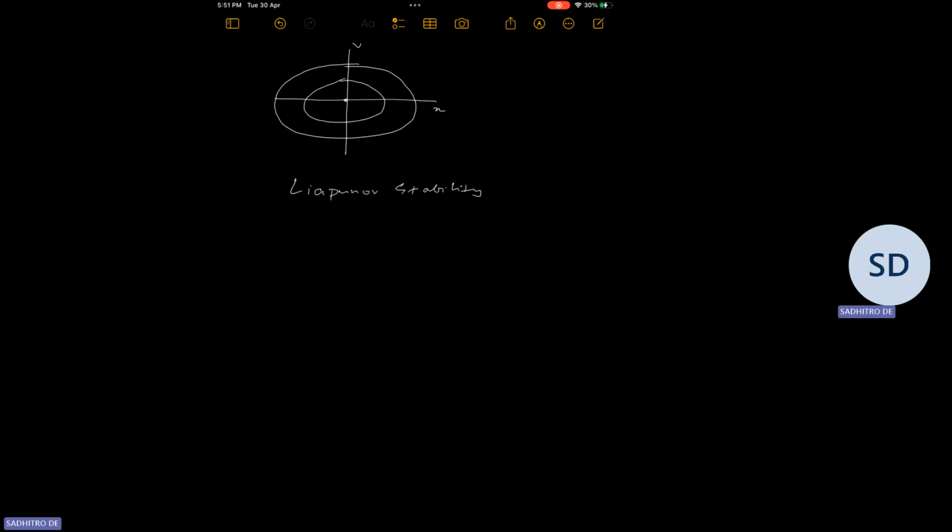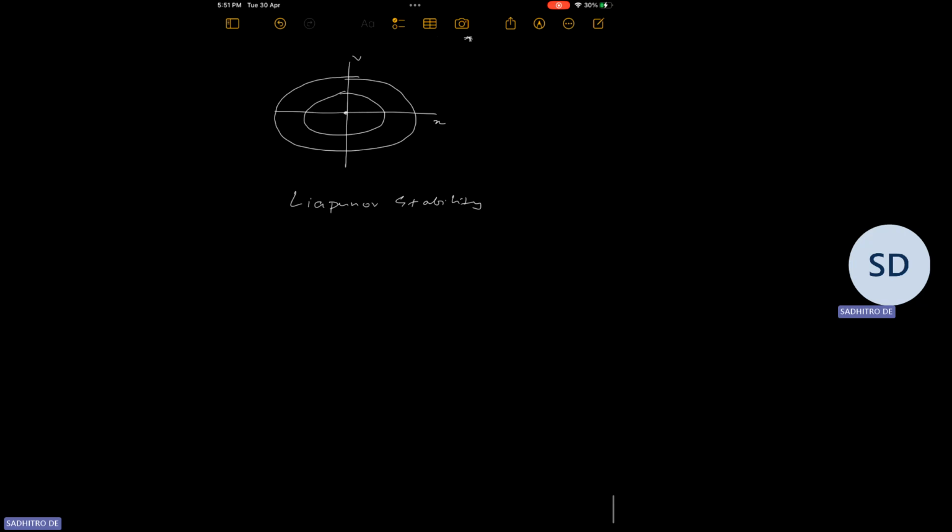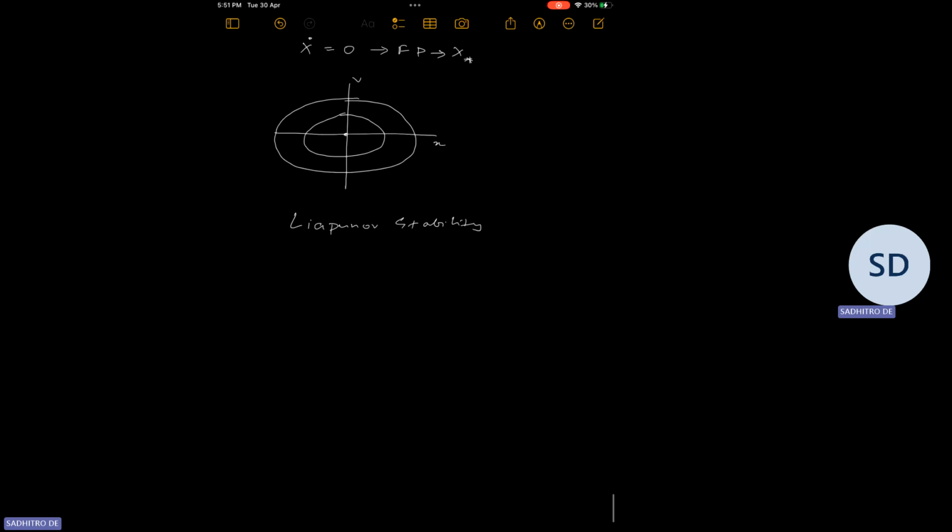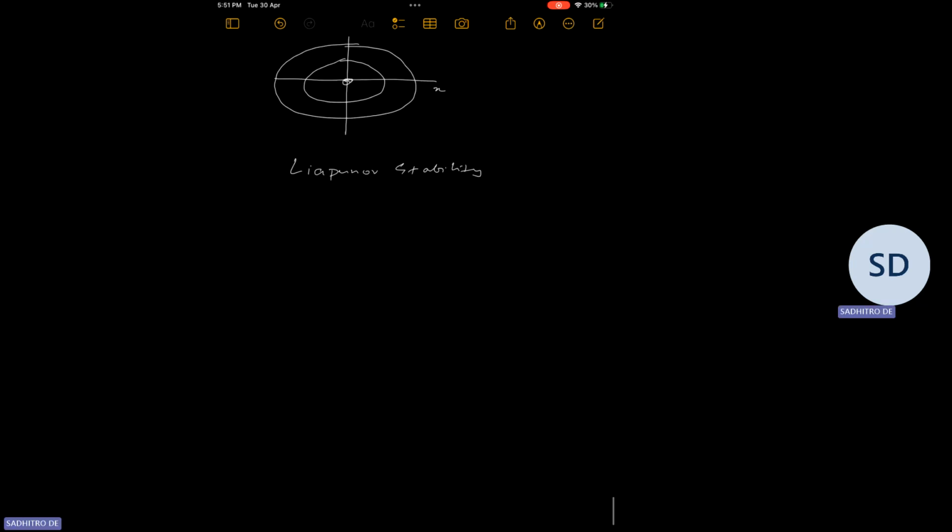We call a fixed point x star Lyapunov stable if all the trajectories which start sufficiently close to that fixed point stay near that fixed point forever. For example, the fixed point over here is Lyapunov stable because every trajectory which starts near it always stays close to it. It's not attracted to this fixed point, but it does not get repelled away from it either. So an important thing is that Lyapunov stability does not mean exact stability. It can be neutral stable also.